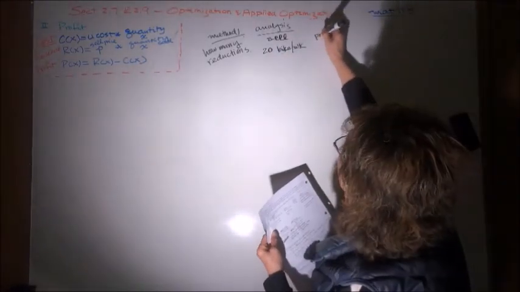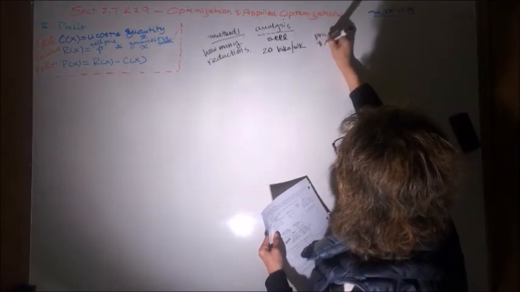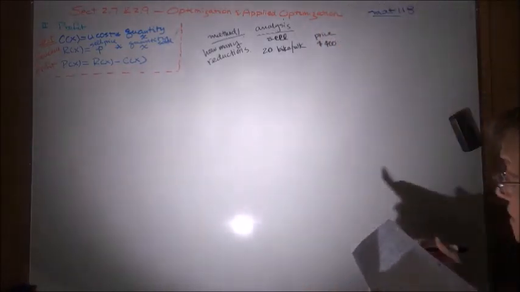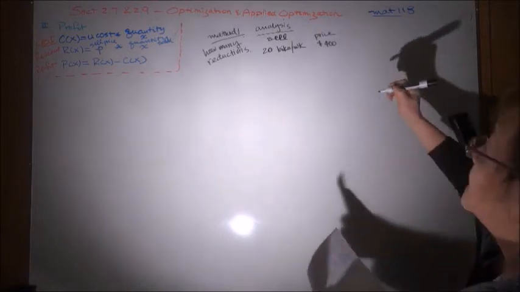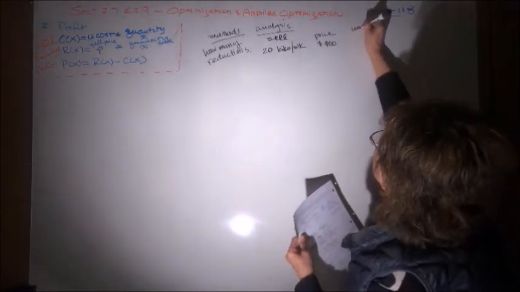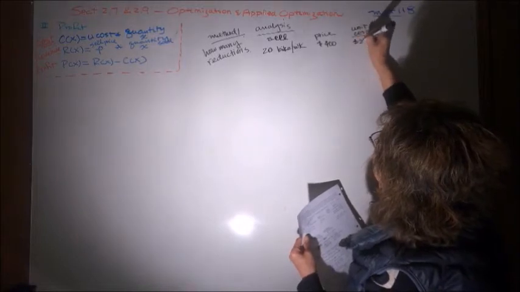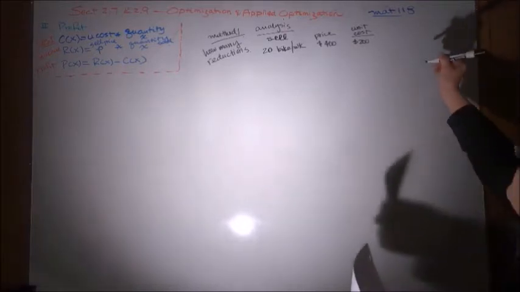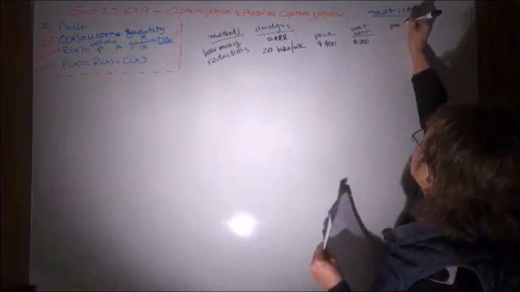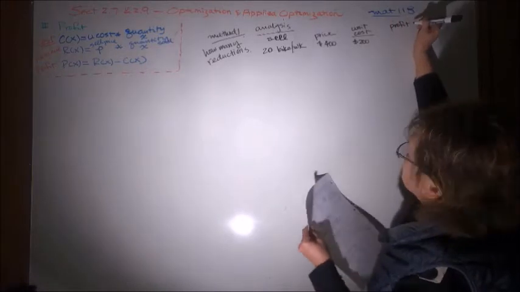Then the price would be how much? $400 each, right? And your unit cost to buy each one is what? $200, right? Let's figure out the profit. So mainly we are interested in what?